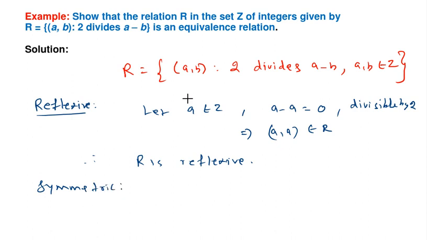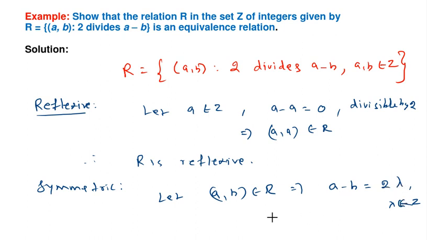To test symmetric, let us take one arbitrary member A comma B belonging to R. Now A minus B must be divisible by 2, so I take it as 2 lambda, where lambda is any integer. A minus B can be either positive or negative, and being a multiple of 2 is our aim. So lambda can be any integer.